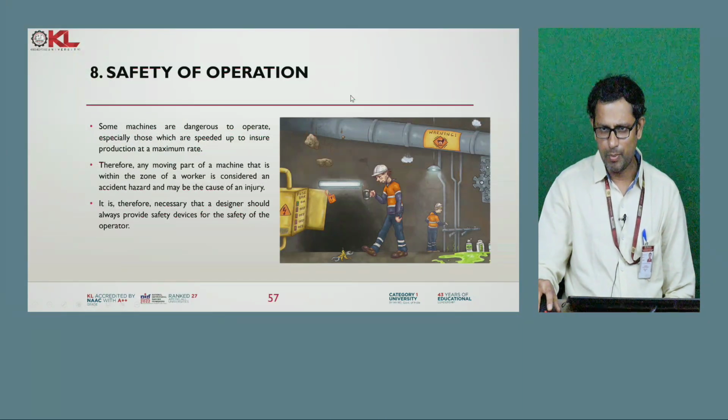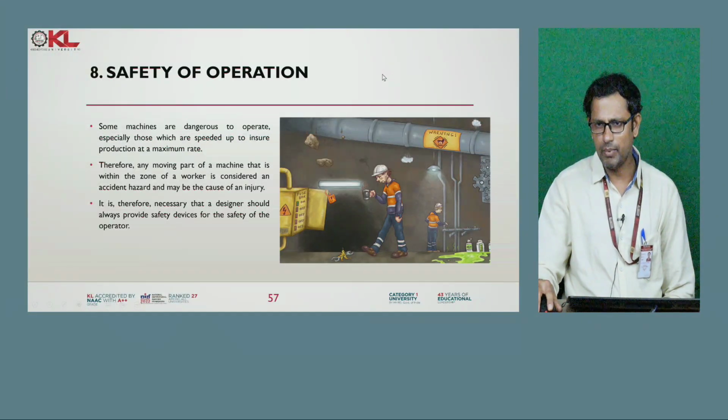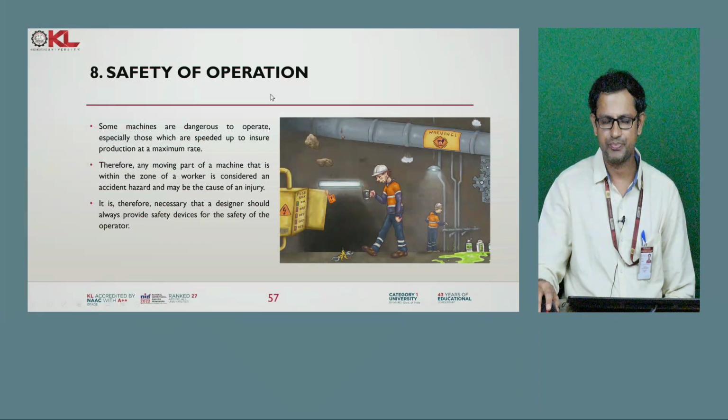So if you provide the housing for that component or that product, then you can minimize or avoid the safety issues concerned with that rotation. So that is why while designing a product, you should consider the safety of operation.